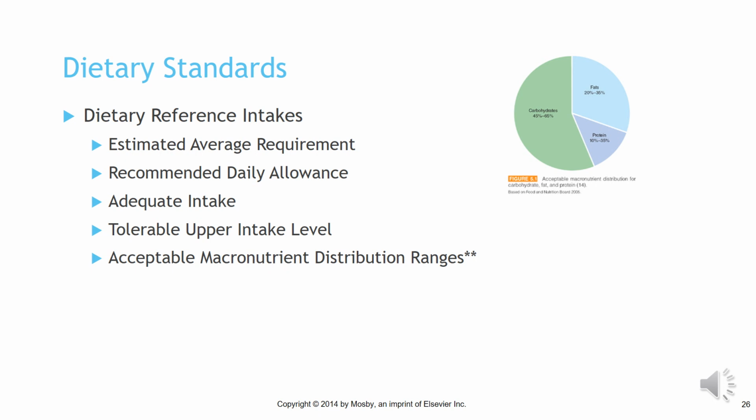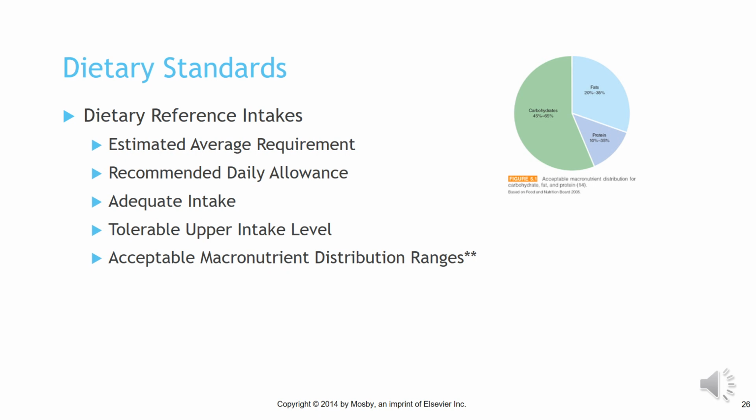So for example, for carbohydrates, we'd like them to be 45 to 65% of our kilocalorie intake. If we're talking about fats, somewhere between 20 to 35% of our daily kilocalorie intake. If we're talking about protein, between 10 and 35%.